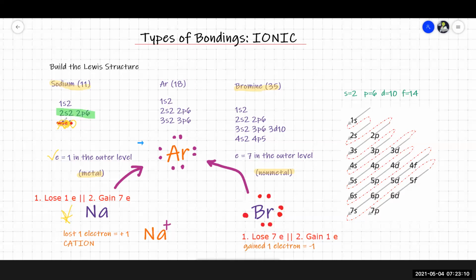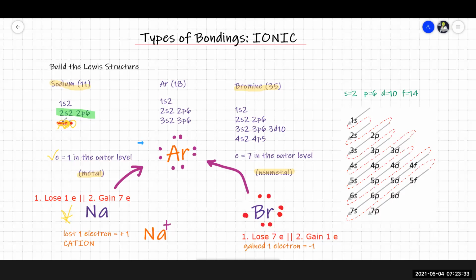Erase it from the electron configuration. Erase the last electron for sodium. And tell me, now, after giving away 1 electron, how many electrons does sodium have in the outermost level? 8. Aha! Remember, noble gases have 8 electrons.